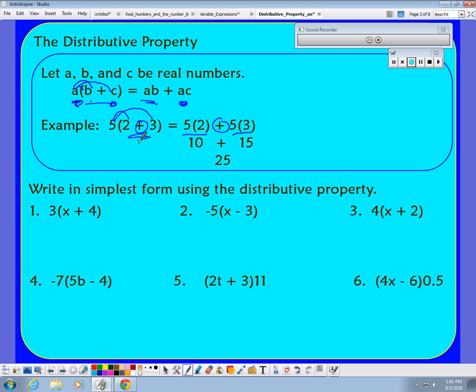In these examples, let's practice using the distributive property. In example 1, we're going to say 3 times x plus 3 times 4. 3 times x is just 3x plus, and 3 times 4 is 12.